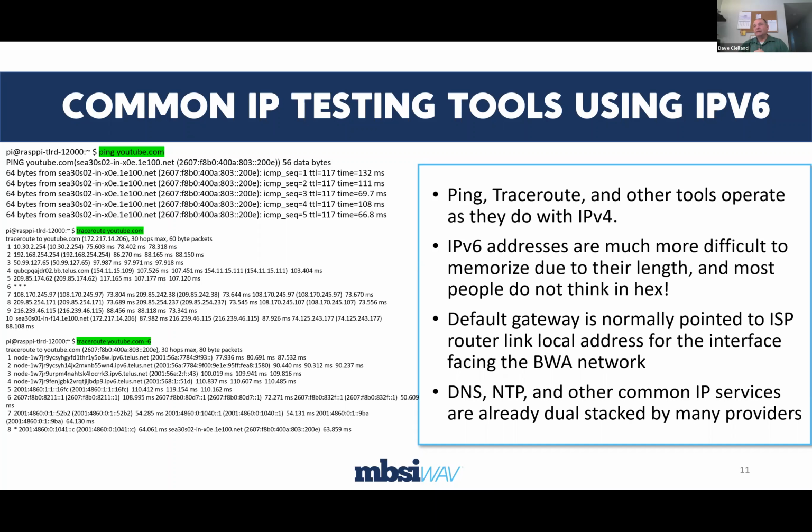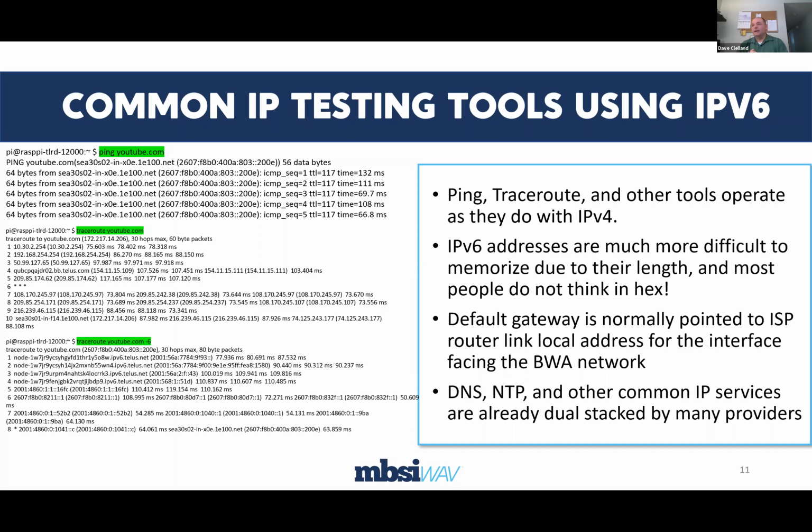And so you can see this is over the LTE network. So you can see that I've got this IPv6 response from a ping that I sent to YouTube.com, which got through DNS, got resolved to that 2607 F8B0 address, and it answered.